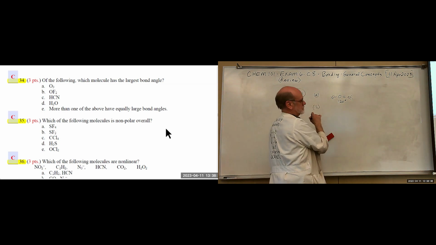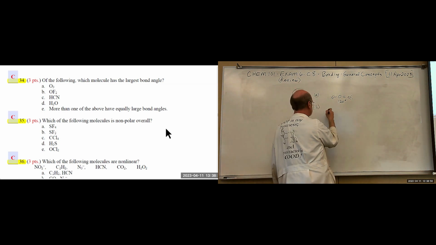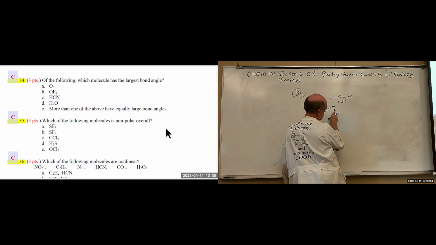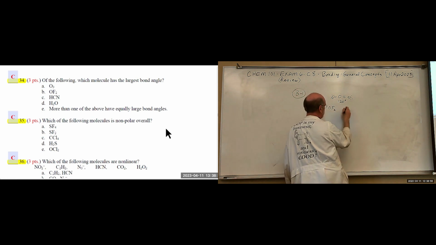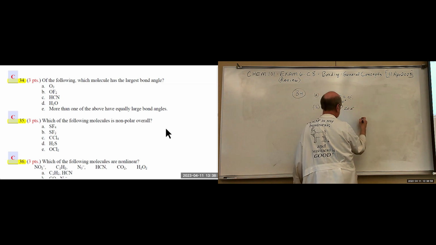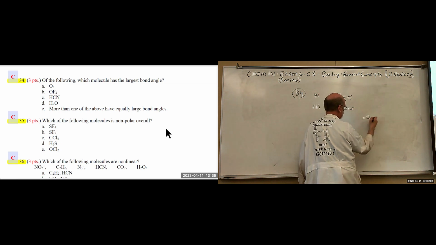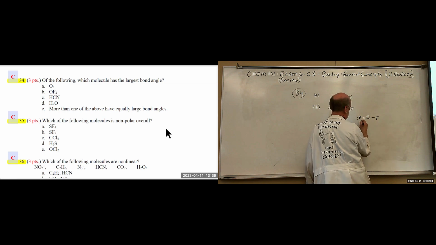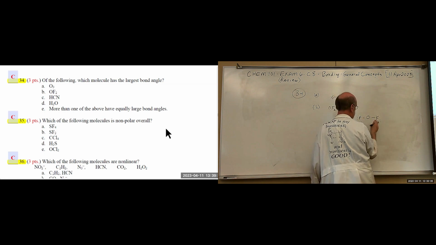How about B, OF2? So this is 14 plus 6, which is 20 electrons. We have an oxygen in the middle, fluorine here, fluorine there, and I bet we have lone pairs here.